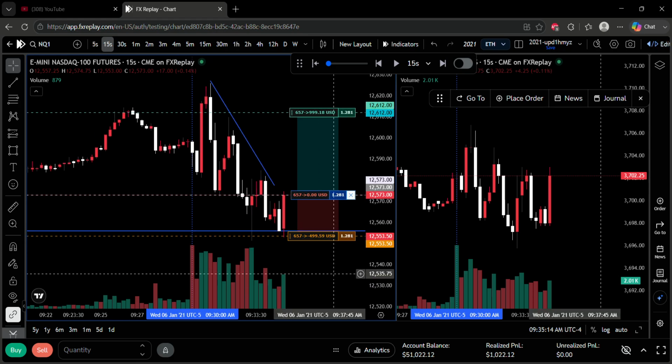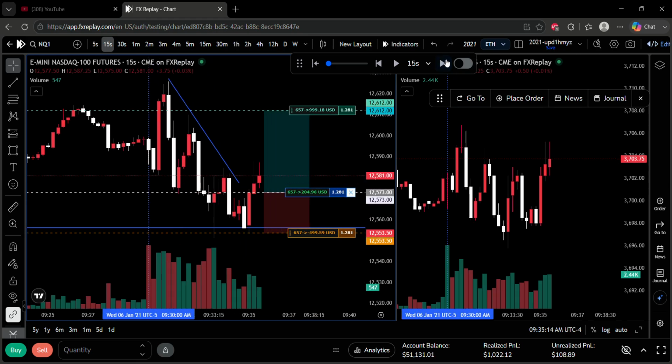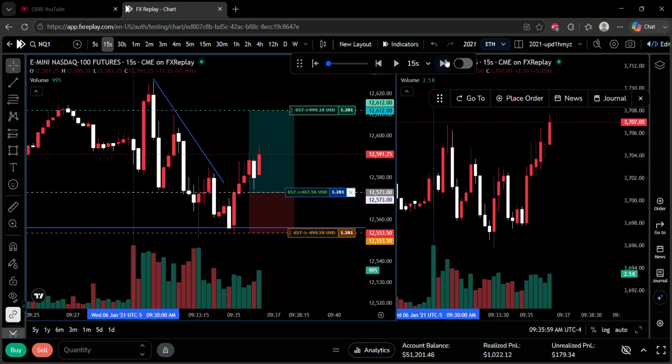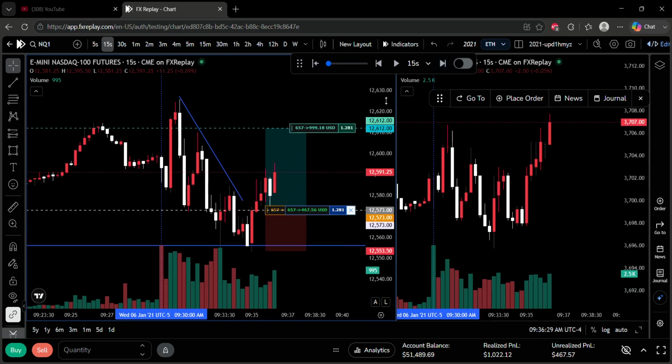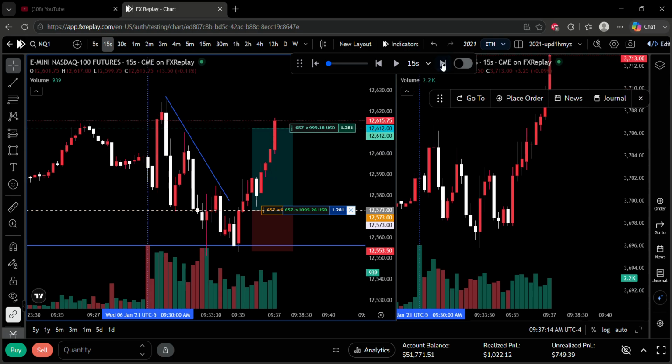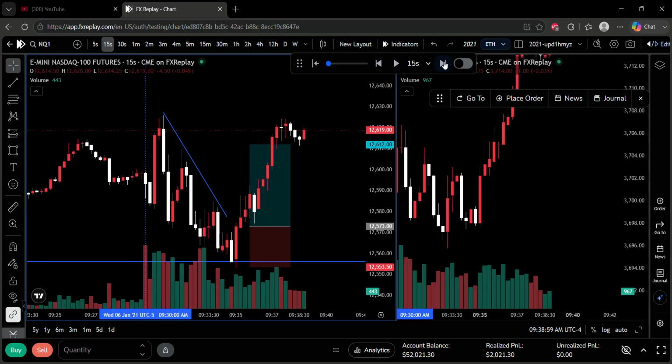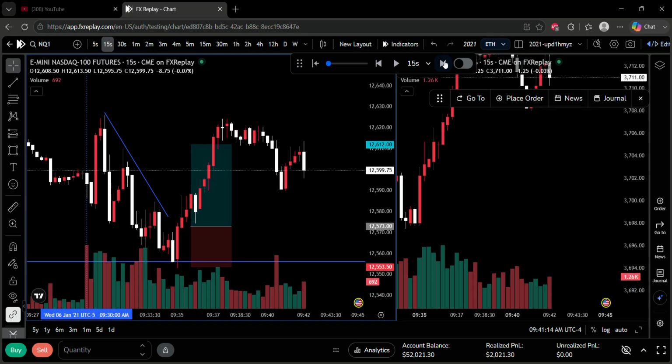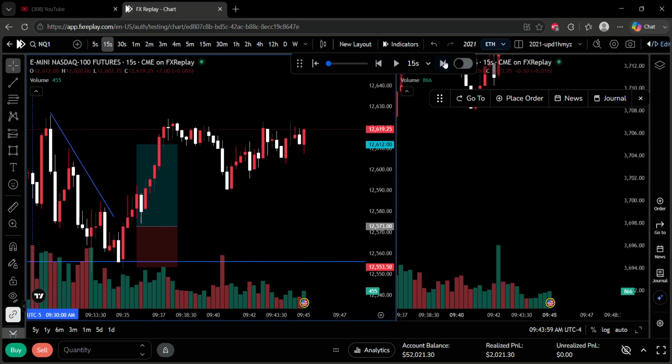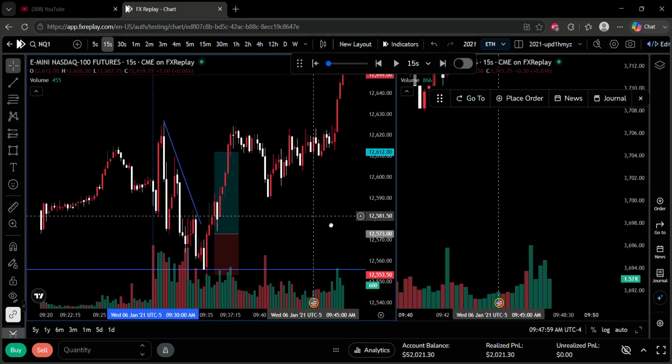Risking 500 for 1,000. Yes, tuck your draws, go break even. It's perfect. And then let's see if it takes this draw. It eventually does.